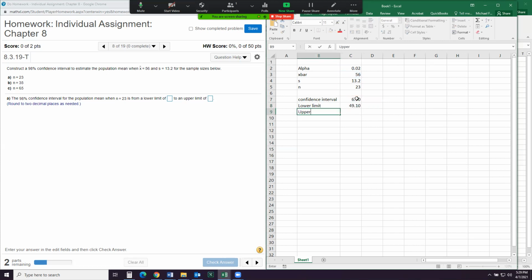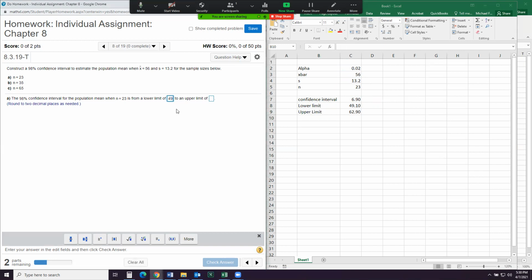And to find the upper limit, we'll take X bar, or the mean, plus the confidence interval. And that will give us our range. So for an N of 23, our lower limit should be 49.1 and our upper should be 62.9.